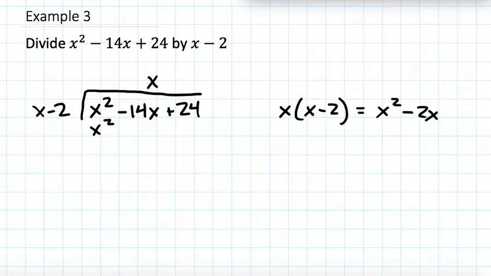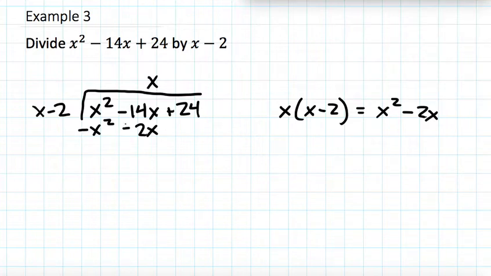Now, the signs here is always what gets people tripped up, so you have to be very careful. I know being careful with signs is a major theme of this class, and it's going to come into play here as well. So x squared minus 2x, now this is going to be subtracted. So when I subtract it, I need to make sure I'm subtracting every term. So this is going to be minus x squared.